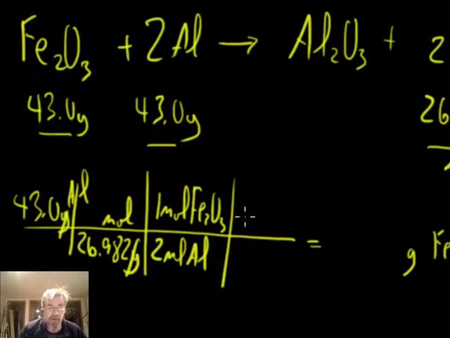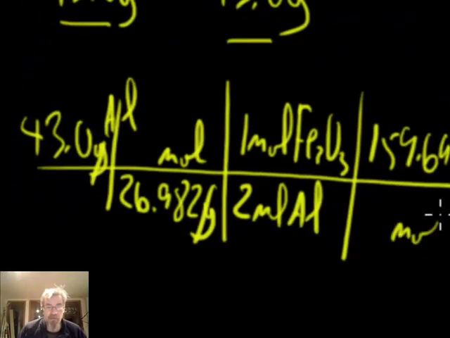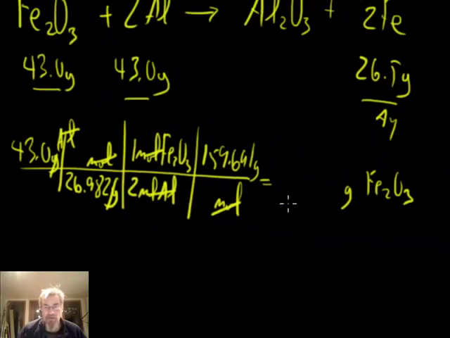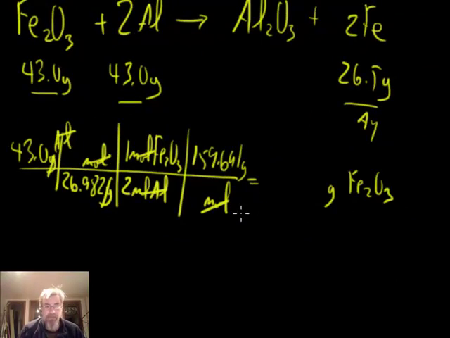Now the molar mass of iron(III) oxide is 159.691 grams per mole. If we check our units, the moles of aluminum are completely gone, and grams have already canceled, so we do have grams of Fe2O3. Do my calculation and round off to 3 significant figures. I have 127 grams of iron(III) oxide.